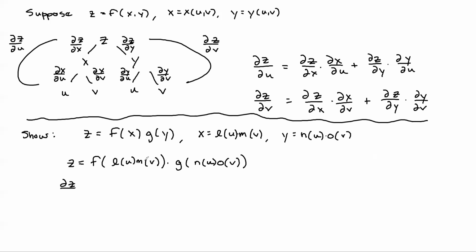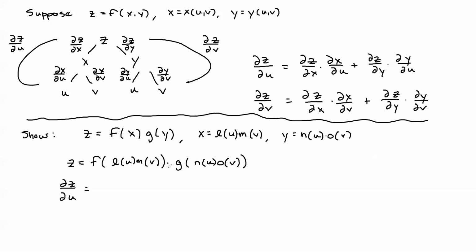And so when you go to differentiate, if f is defined in terms of u's and v's and g is defined in terms of u's and v's, then z is going to be defined in terms of u's and v's. So we have to do partial derivatives. If we just do the partial of z with respect to u, you have some u's and v's inside of another function. To calculate the derivative of that, we're going to have to use the chain rule.